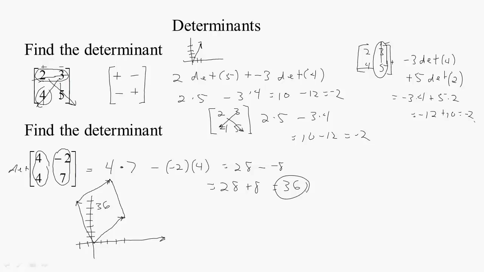Okay, and the other one is you go over 3 and up 5. This is creating a much skinnier parallelogram. And the determinant being negative 2 is just telling us that the area of that parallelogram is 2.